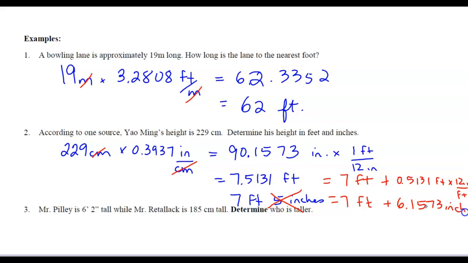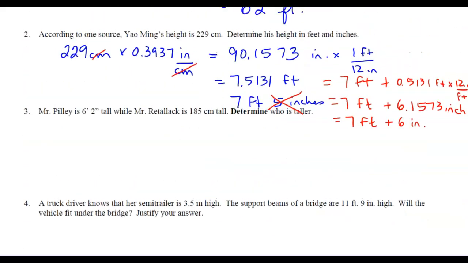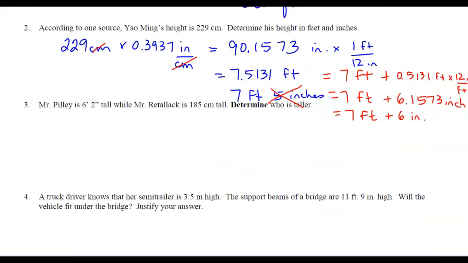And we're just going to round to the nearest inch. So 7 feet plus 6 inches. Which makes sense. 7.5, if we rounded that, that's 7.5 feet. And half of a foot is 6 inches. Okay, so please be careful on that. So he's 7'6"? Yes.